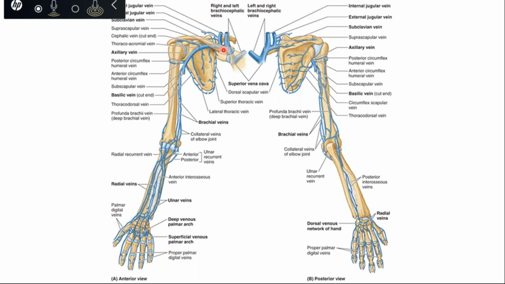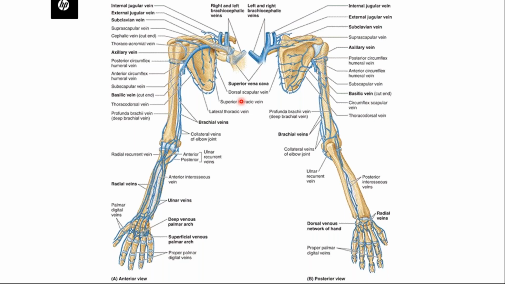The subclavian vein joins with the internal jugular vein to form the brachiocephalic vein. The two brachiocephalic veins on either side join together to form the superior vena cava, which then opens into the heart. So just follow the names of the veins from distal to proximal until it reaches the heart.